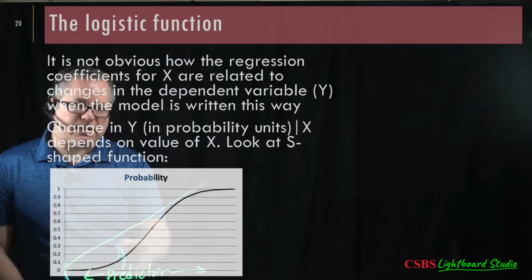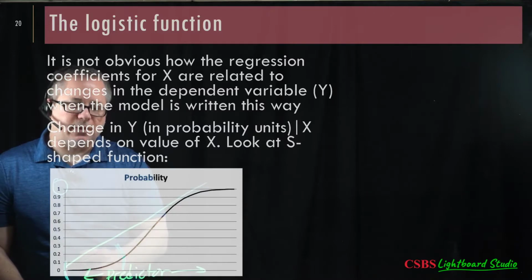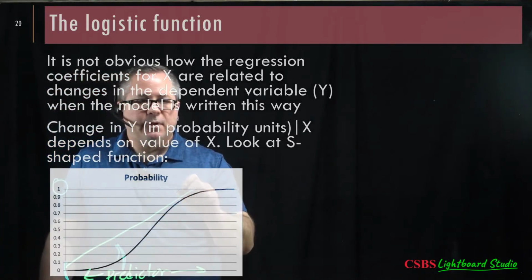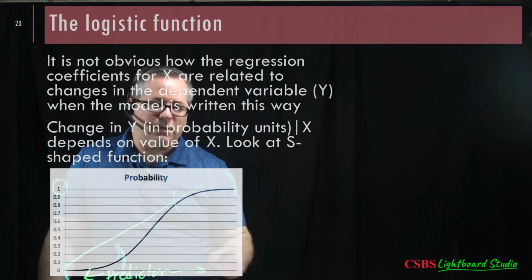My chances of responding 1, which is success or whatever, change very little. It's the same thing up here at the top. But if I happen to be somewhere in the middle, there's almost a linear change, not quite, but a much more rapid change right near the middle.